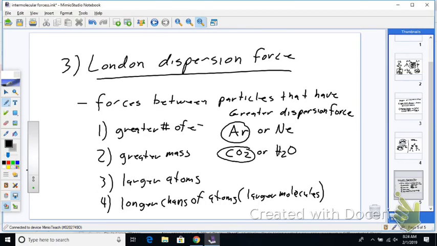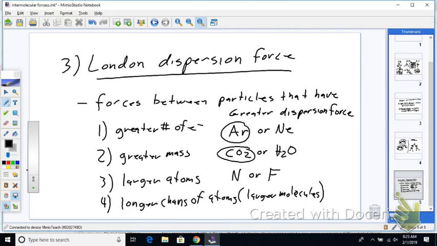Okay, larger atoms. I'm going to go ahead and give you a couple to choose from. Let's go nitrogen or fluorine. What do you think?